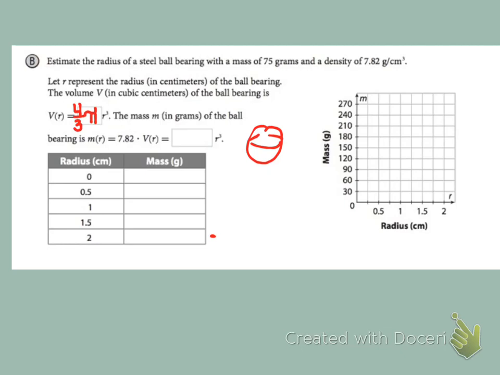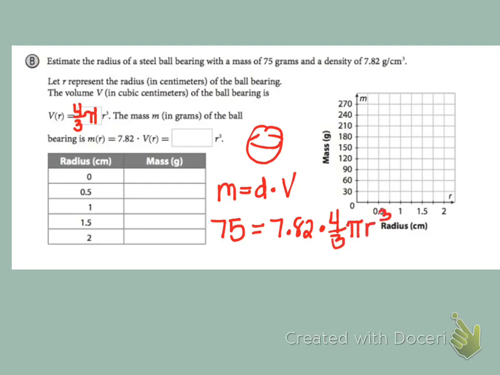And if we use that same idea that the mass is equal to the density times the volume, they said that the mass of this ball is 75 grams and that the density is 7.82 grams per cubic centimeter, but the volume is 4/3 pi r cubed.